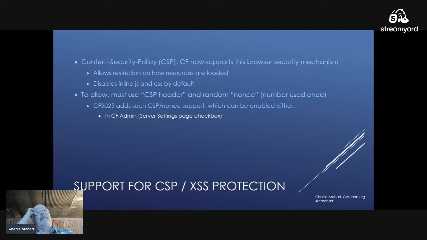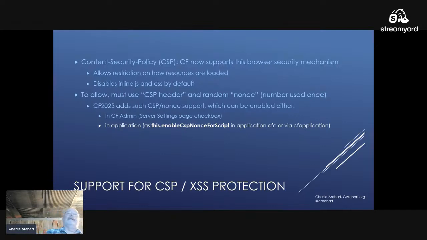There's a checkbox about this stuff. If you want to do it server-wide, you can, or you can do it in your application as this.enableCSPNonceForScript at the application level in Application.cfc, or in cfapplication, where you wouldn't use this dot, you would just say cfapplication enableCSPNonceForScript.